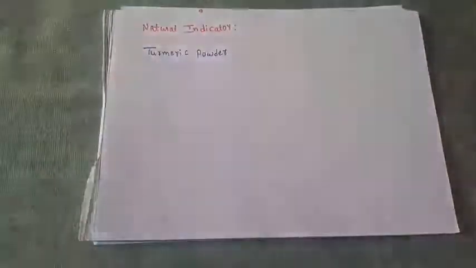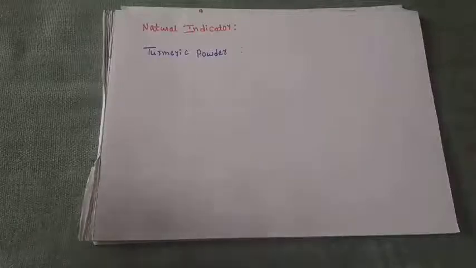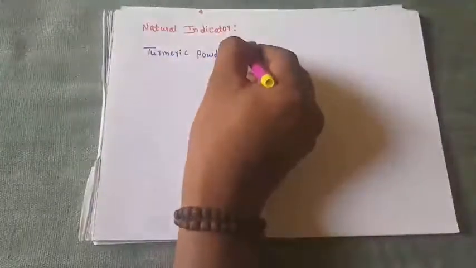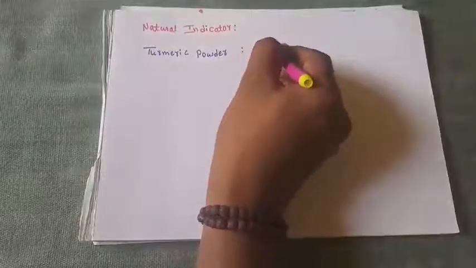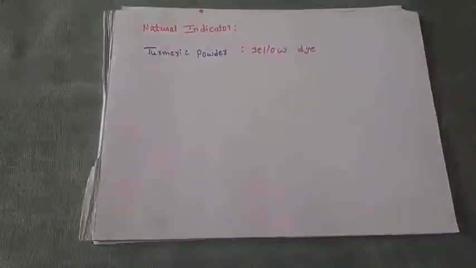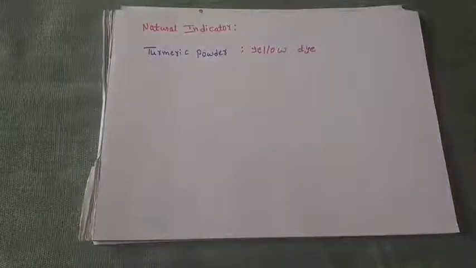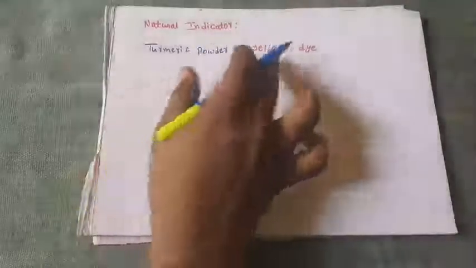Yes or no? In the last class I explained the indicator is nothing but a dye. The turmeric powder is a yellow color dye, and this acts as an indicator.